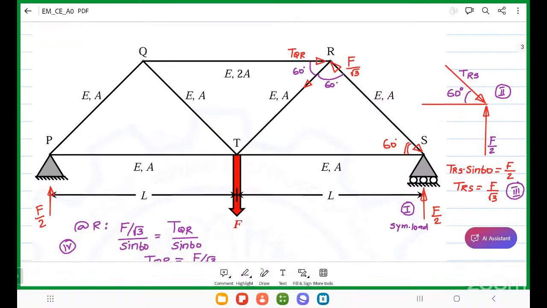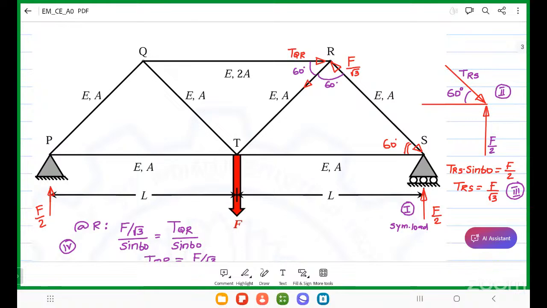See the twist. Area A, Young's modulus E for most of the truss members. What is the area for QR? 2A.